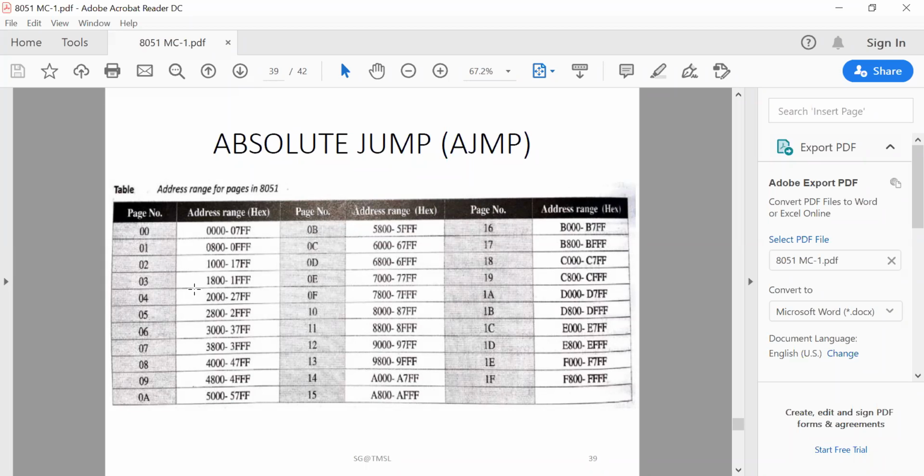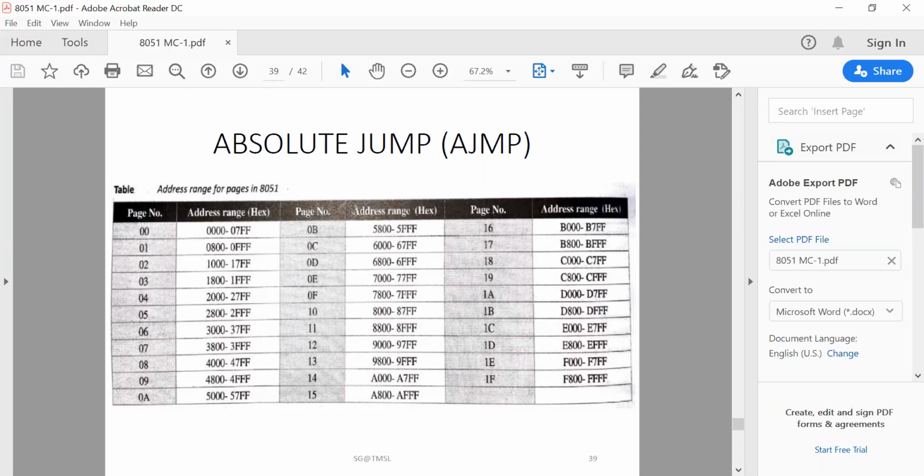An absolute destination address is formed by taking the page number, which is the first 5 bits of the address in the PC following the AJMP instruction, and attaching the 11 bits of the destination address. So 5 bits are used as the page number, and the next 11 bits as the destination address.